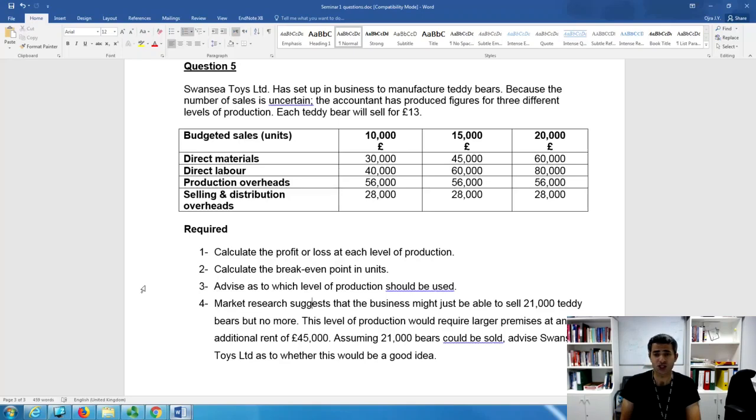Let's have a look. When you calculate the break-even point in units, it's very simple, the same idea. The fixed cost is available here, the same previous one, 84,000, but here you need to add the extra fixed cost, 45,000.